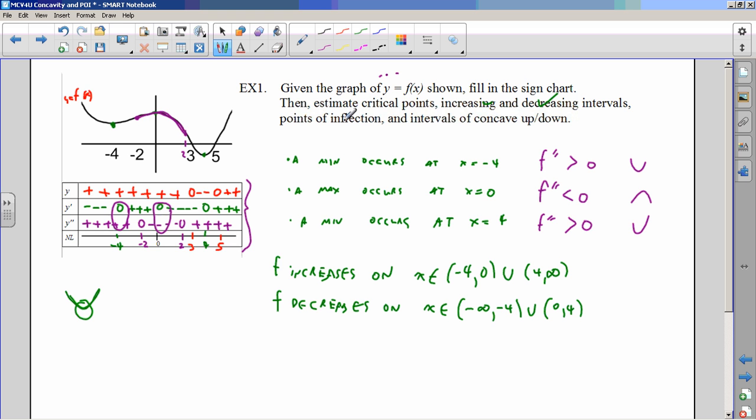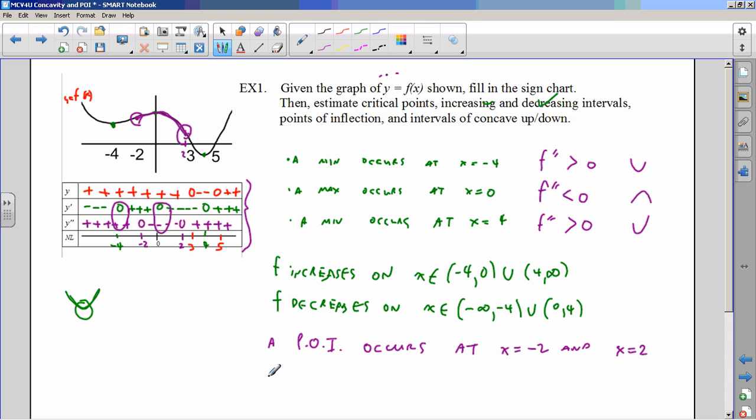Points of inflection. Where's our points of inflection? Well, that's the story given to us from our second derivative, right there. Points of inflection occur at, we said there were 2 of them, right? We had one right there and one right there at x equals -2 and x equals 2. What else? Intervals of concave up and concave down.